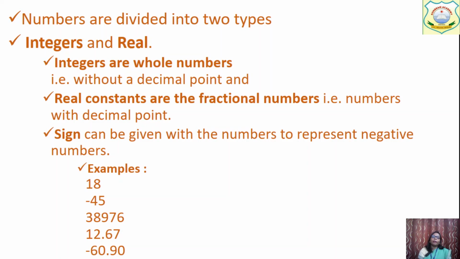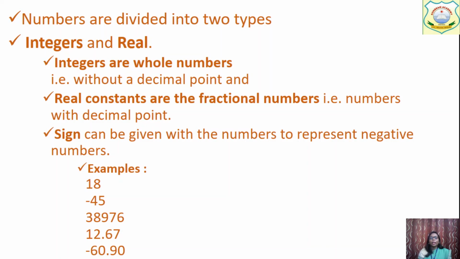So here we have the number constants, or we can say numeric constants, and numeric constants are of two types: integer and real. Now what are integers? Integers are the numbers without decimal. And what are reals? Reals are the numbers with decimal, also called fractional numbers.